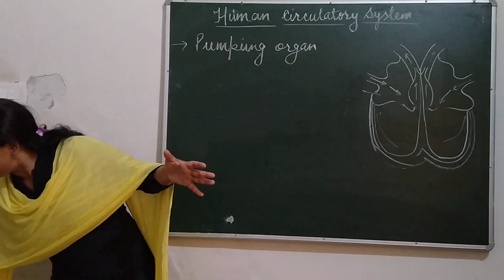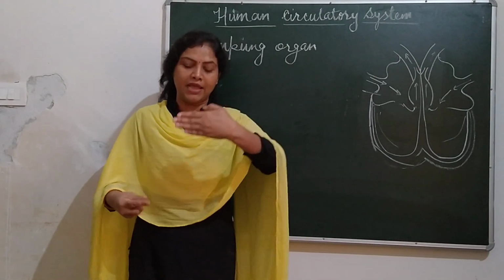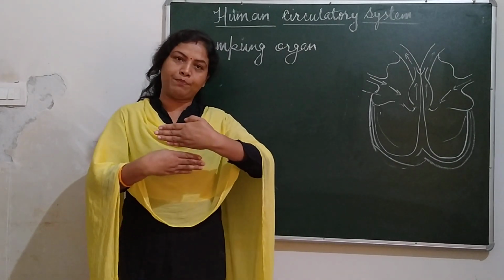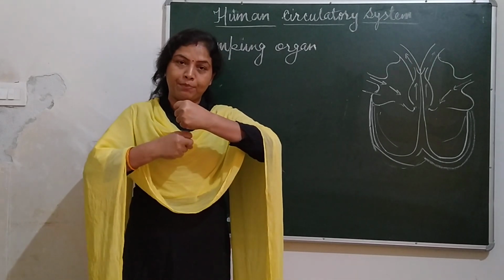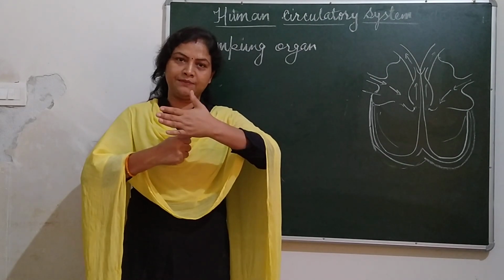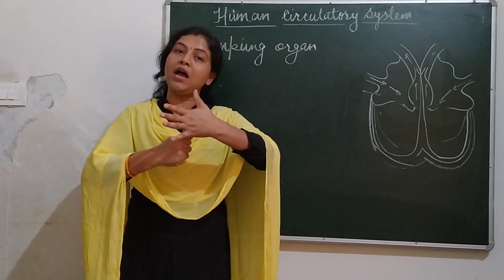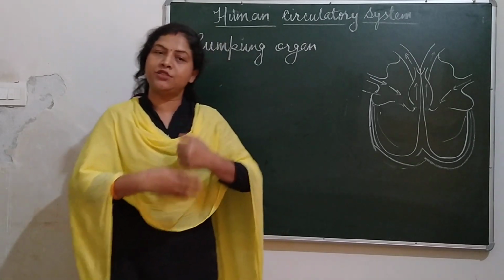If we see the upper part and the lower part, then when the upper part constricts, the lower part inflates. It moves like this. When the upper part expands, the lower part constricts.